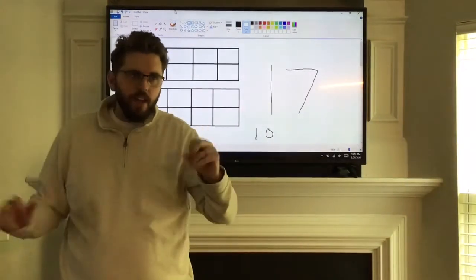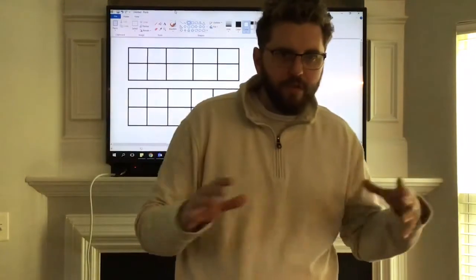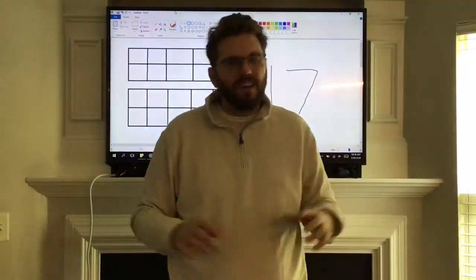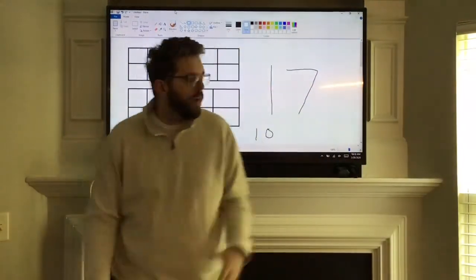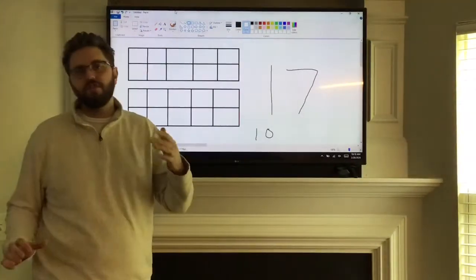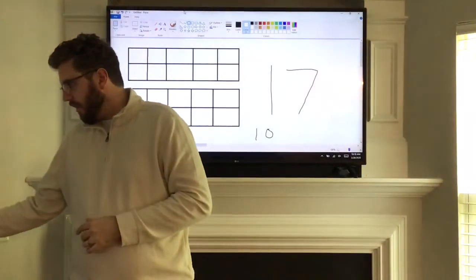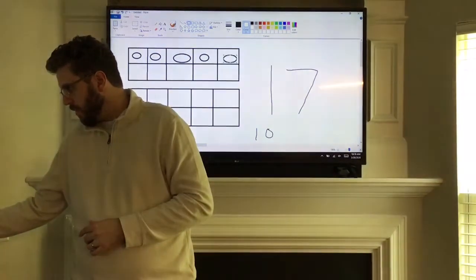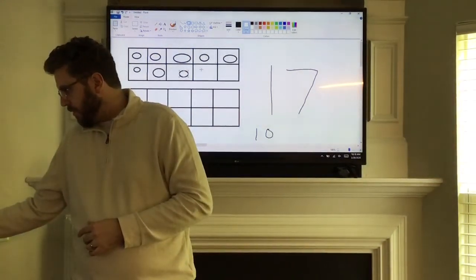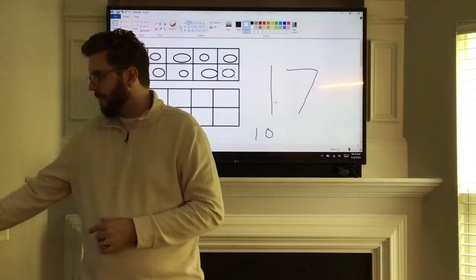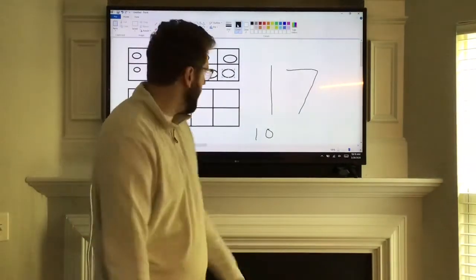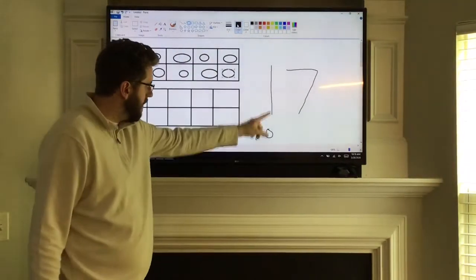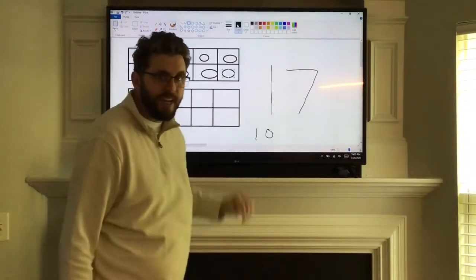And if we have 10, what are we doing to our 10 frame? How much are we filling it? Completely, all the way. The whole 10 frame should be full. There we go. So we know that we have 10. We have our base of 10, because that's what that 1 means. That 1 means 10.